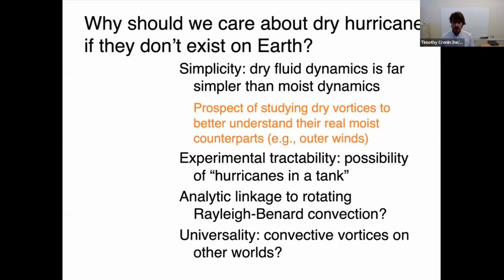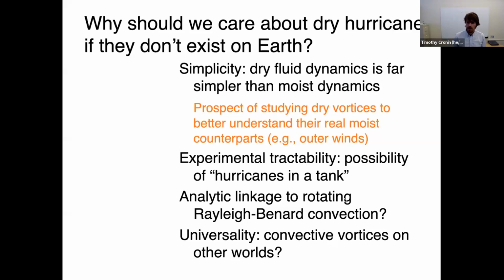The possibility of rotating dry convection, that is convection without phase change, organizing into large-scale vortices also suggests that experiments in a tank of water or direct numerical simulation might be able to produce these structures, these vortices, over parts of parameter space. And I find the idea of experimentally studying hurricanes in a tank to be fascinating, both from a scientific and also potentially from a teaching standpoint.